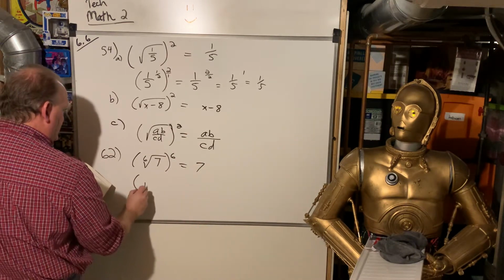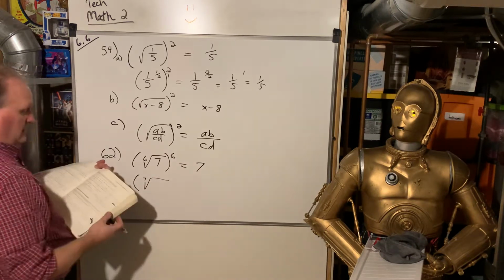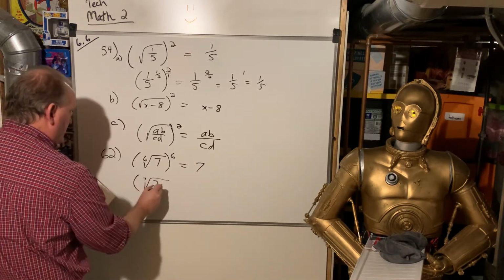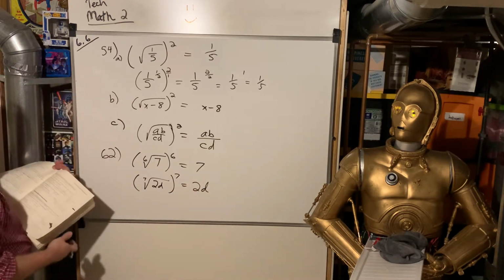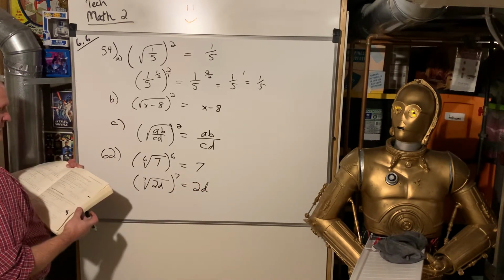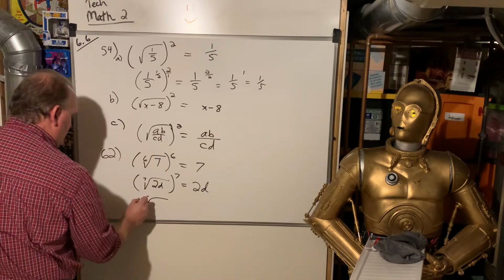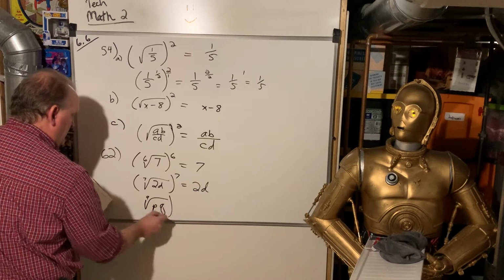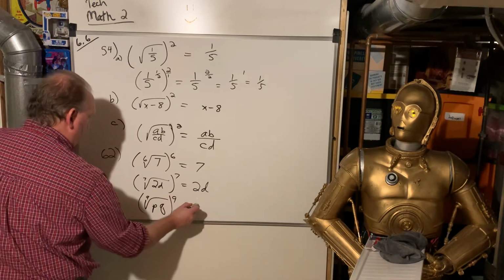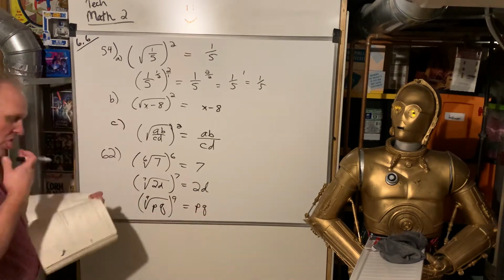The 7th root of 2d raised to the 7th power. That's just going to be 2d, just the thing inside. And the 9th root of pq, raised to the 9th. That's just pq.